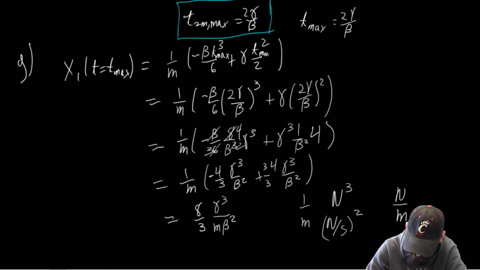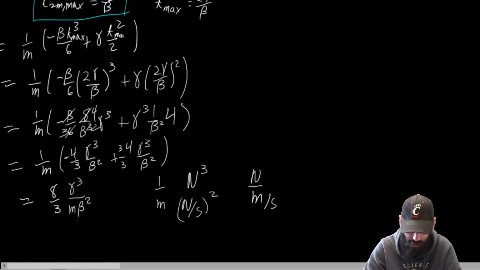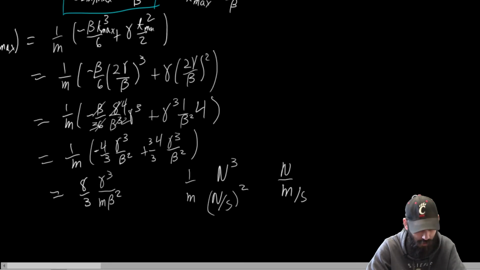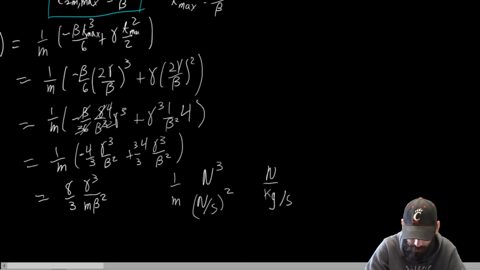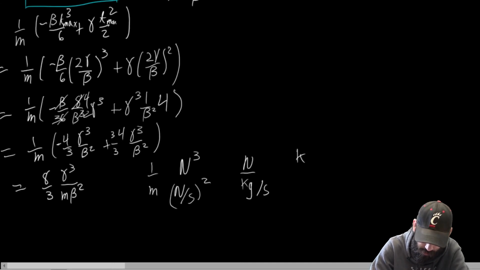mass per second. Let's write out what a newton is, so let's not write this as an m, let's write this as a kilogram. So this is going to be a kg per second. And so this is going to be kilograms meters per second squared. This is a second squared. That's a second squared.